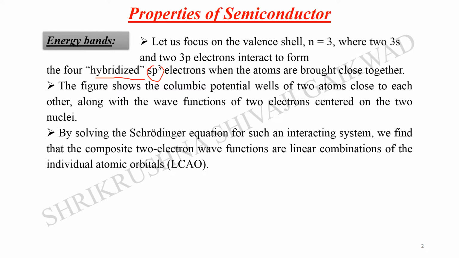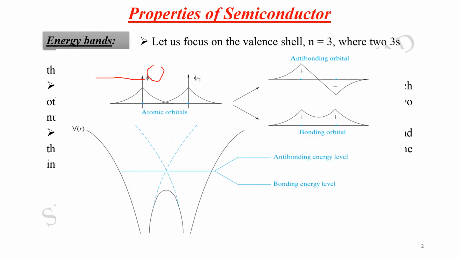The composite two-electron wave function is nothing but the linear combination of the individual atomic orbitals, of the two atoms which are interacting. This is what we can see over here.